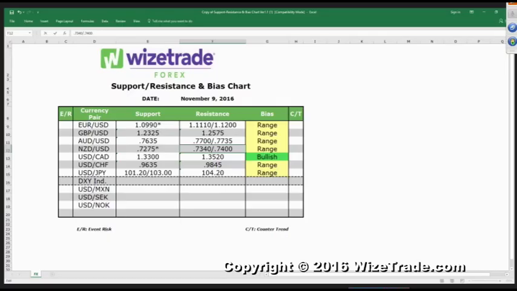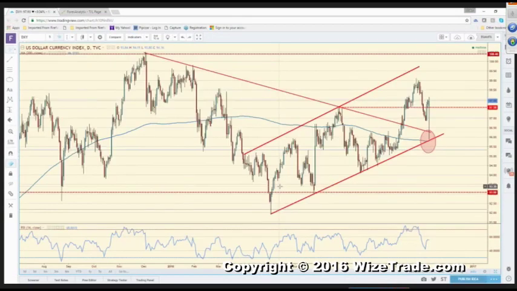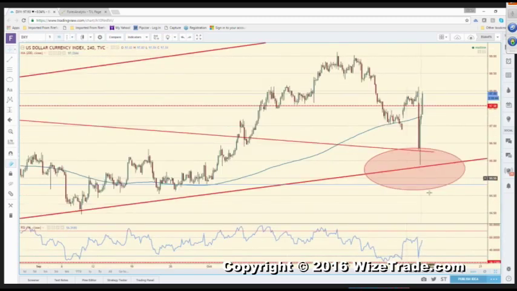Okay, where am I at? Dollar index. All right, so there's the dollar index. And I guess what we have to do is we actually have to look at this entire move, right?